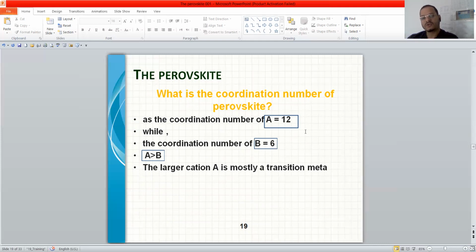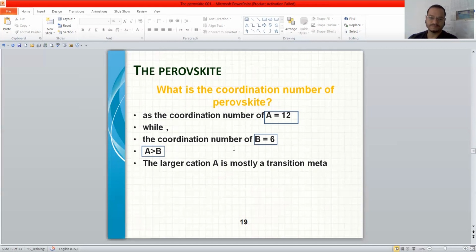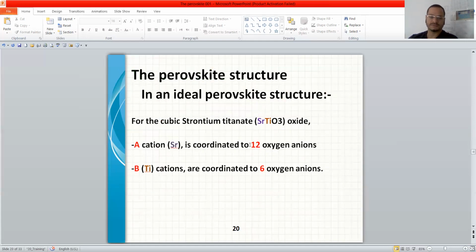The coordination number of A equals 12, but B equals 6. That means the coordination of A is bigger than B. The larger cation is mostly a transition metal, and that will give some freedom to make B move more comfortably.